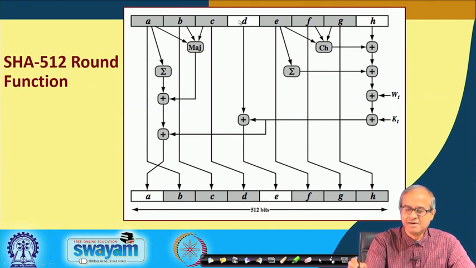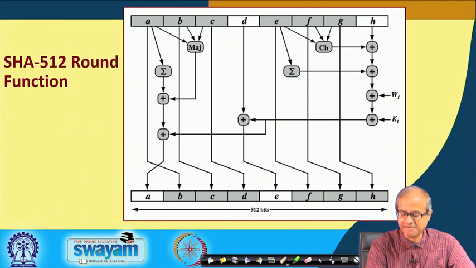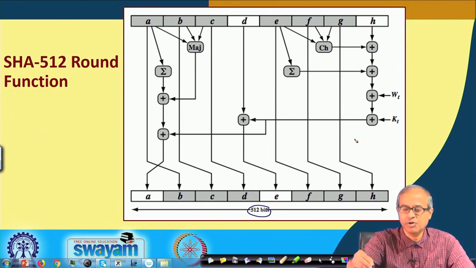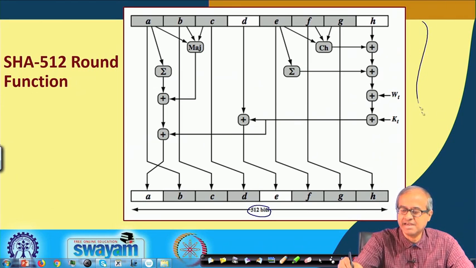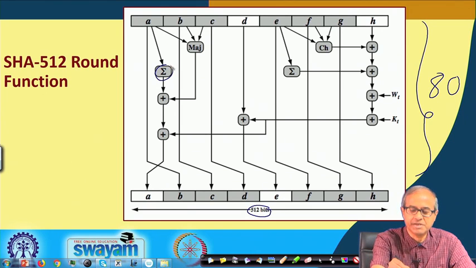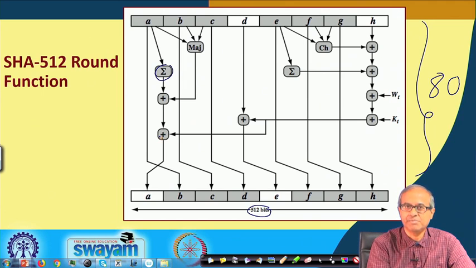So, just a bird's eye view of the round function, what is happening inside that function f. I am not going into the details of the explanation. This is the 512 bit buffer I was talking about. There are some modifications that are going on, and this iteration is carried out 80 times. There are a lot of operations: there are sigma operations, there is a majority operation, there are some bitwise XOR operations; this plus means bitwise XOR.